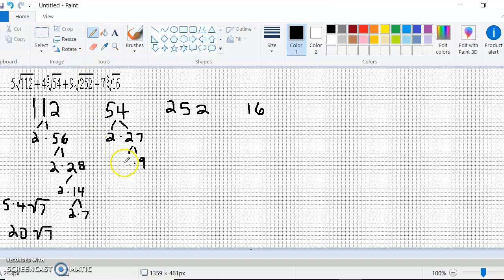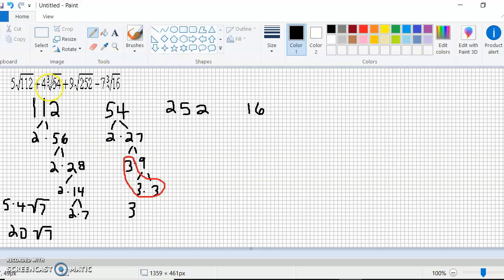And then here I have 3 times 3. So 3 times 3 is 9, times 3 is 27. So I have my 3 pairs around here. So the square root of 27 is 3. Okay, so it is 3.